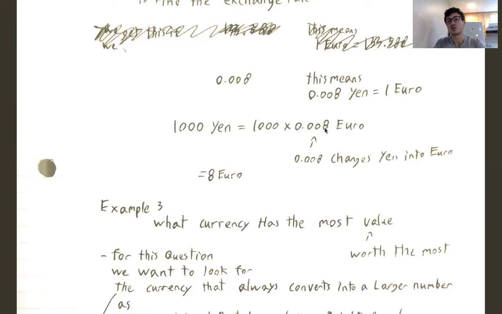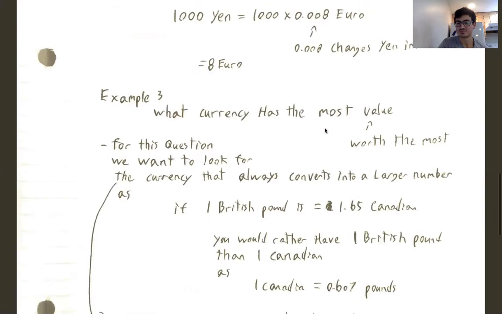So having 1 yen would be worth 0.008 euros. So the euro would be worth a lot more than the yen. So 1 euro would be, no, 1 euro would be 1,330 yen. So 1 euro would be worth a lot more than 1 yen.